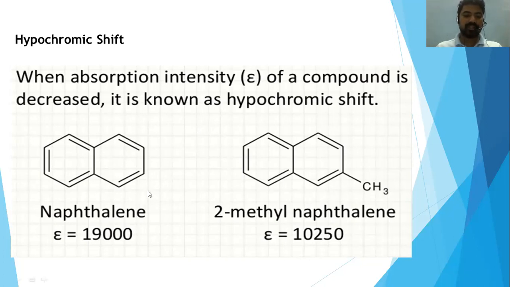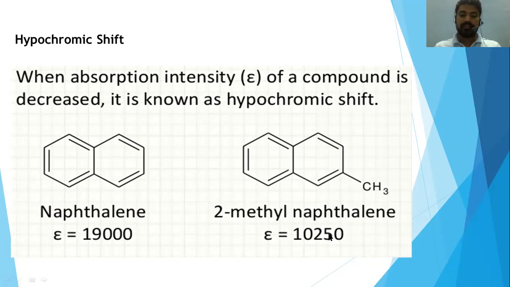So here let us take an example of naphthalene. Naphthalene absorption intensity value is 19,000 liters per mole per second, whereas for beta-methyl naphthalene, or 2-methyl naphthalene, the absorption intensity value will be 10,250 liters per mole per second.